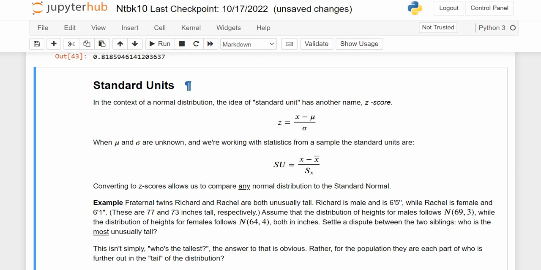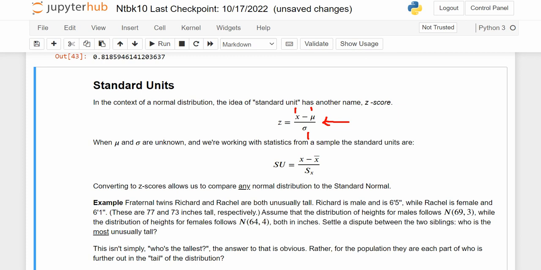Then standard units. So we want to talk about z-scores. Sorry, I covered up the z-score formula so you can't see it. My bad. So z-score, and what is this saying? It's saying to take your score x, subtract the mean mu, and divide by the standard deviation. And what does that tell us?